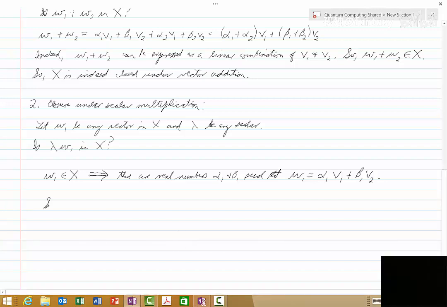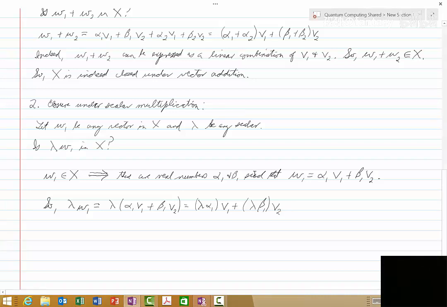So lambda W1 is equal to lambda times alpha 1 V1 plus beta 1 V2. But that can be rewritten as lambda alpha 1 times V1 plus lambda beta 1 times V2.